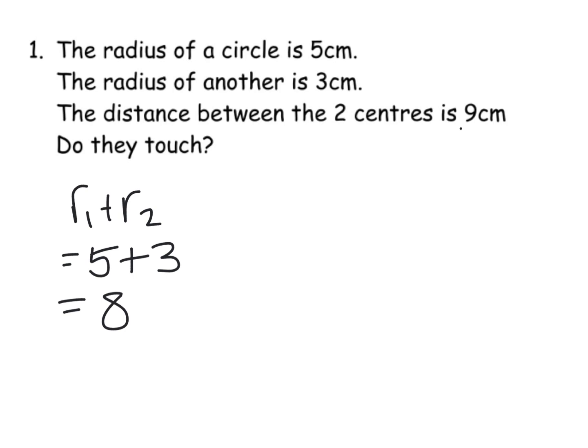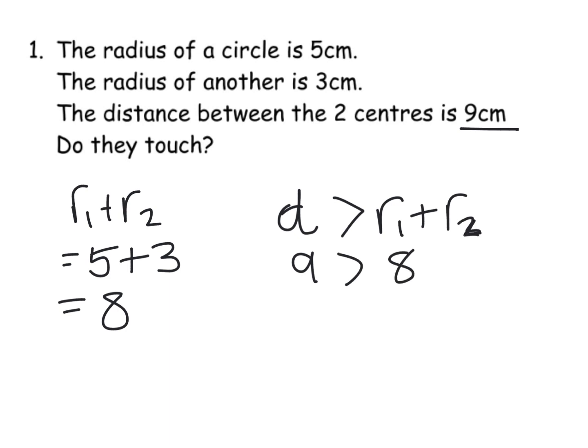The distance between the centres is 9. So my distance between the centres is greater than R1 plus R2, because 9 is greater than 8. If they were touching, the distance would be 8. But the distance is bigger than that, so they've been pulled apart. So they do not touch.